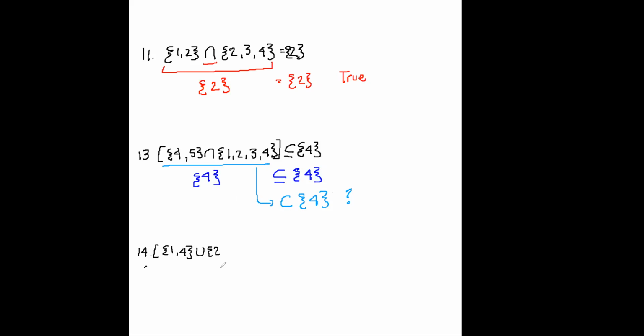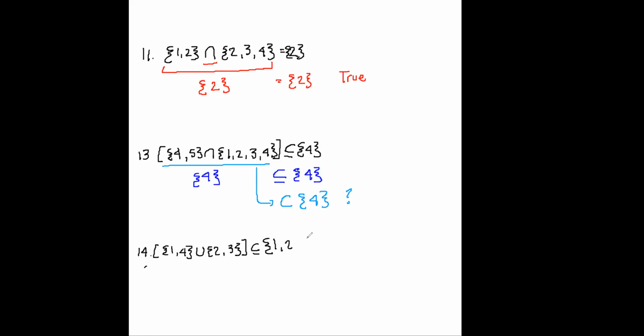Well, because the only thing they have in common is the element 4. Exactly. And if the only thing they have in common is themselves, then they are not going to be the proper subset. Okie doke. And let me quick finish writing out what 14 is.